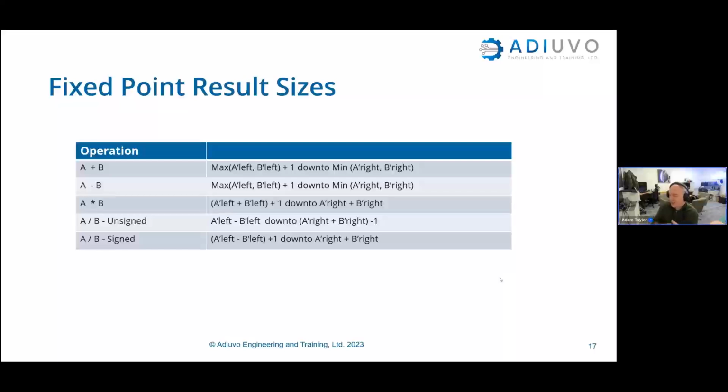Obviously, because we're working with registers, and the decimal point is not floating, like in the floating point world, we get a larger result. So if we add two 16-bit numbers together, we will get a 17-bit number as a result, because if they're both at the maximum value, that can't be contained within a 16-bit number, so it needs a 17-bit number to store them.